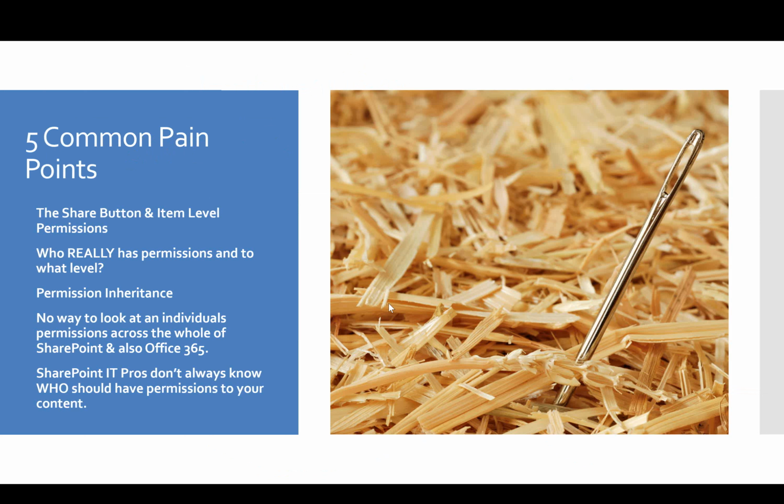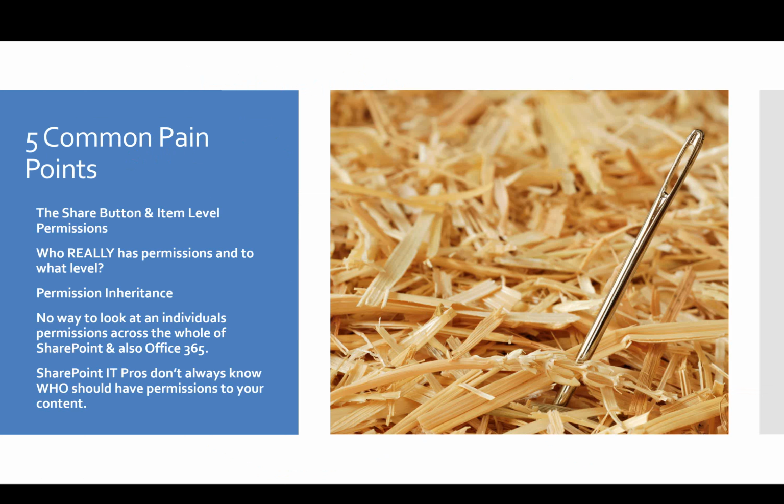As we were saying, we were talking about the share button. It has different behaviors, whether it's at site level or at item level, and that leads to quite a bit of confusion. Then understanding who really has permissions to your content, and what level of permissions they have, is another thing. Many organizations use Active Directory security groups to assign permissions to SharePoint.